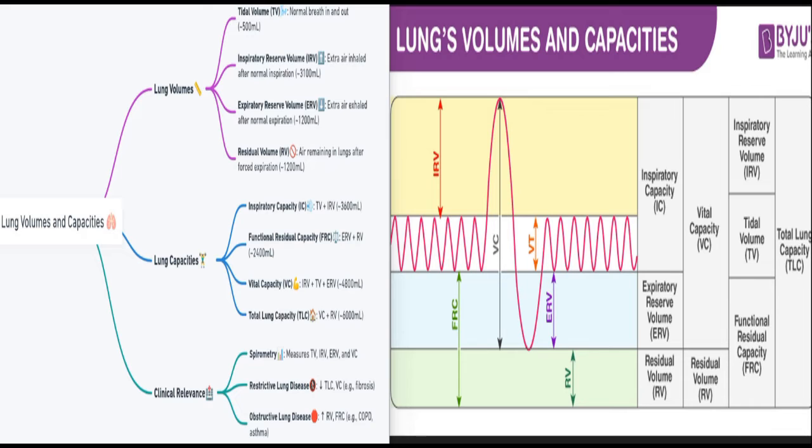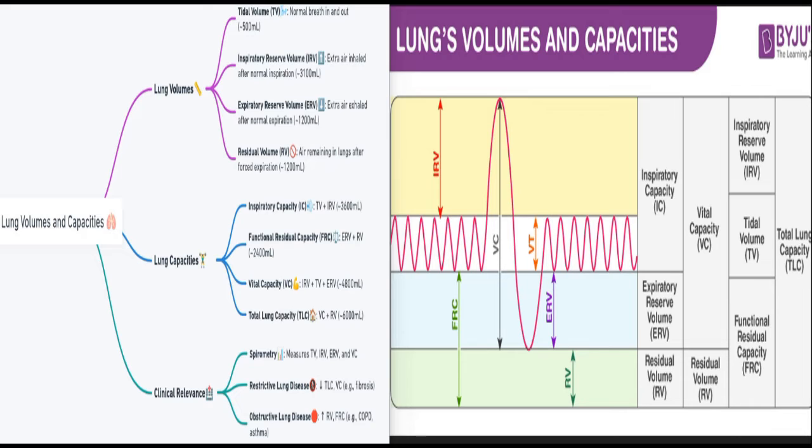Now a quick recap of inspiratory capacity, which is the maximum volume of air that can be inhaled from a normal end expiration. So it's the tidal volume plus the inspiratory reserve volume. And what is the physiologic significance of inspiratory capacity? Let's go back to the basics.